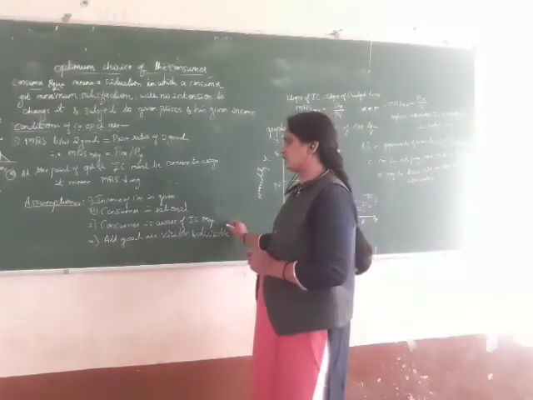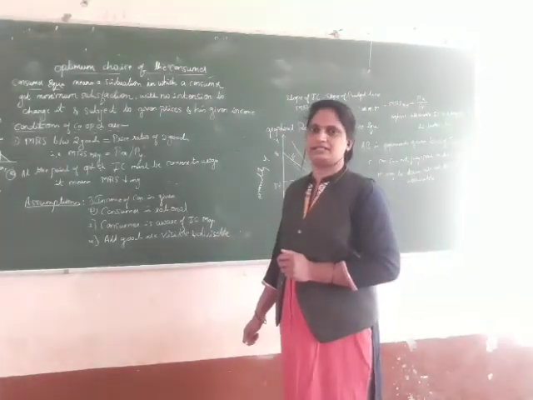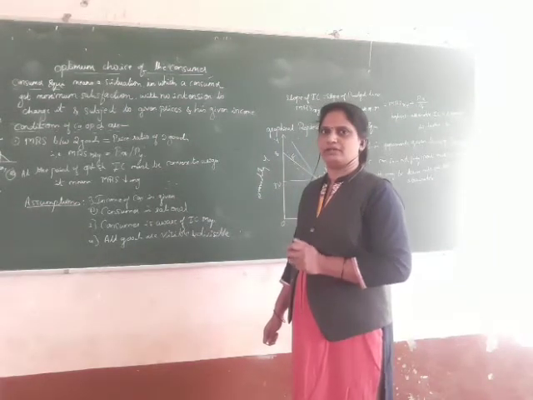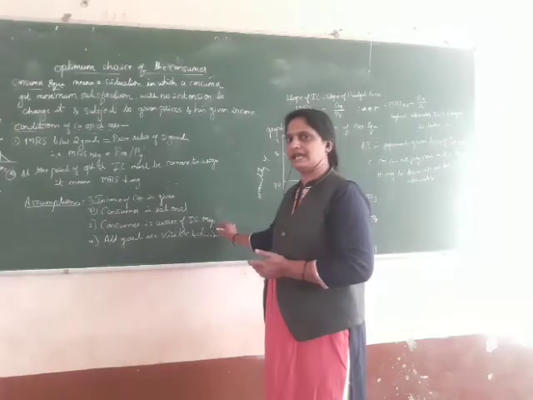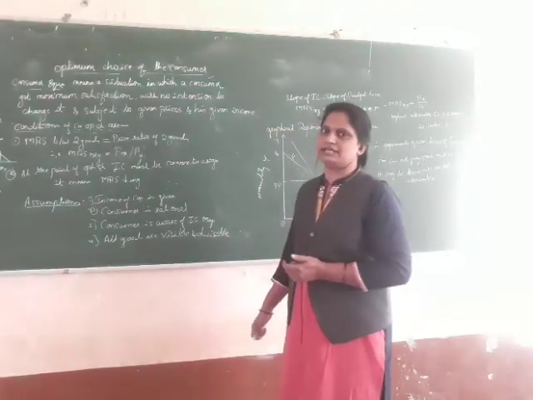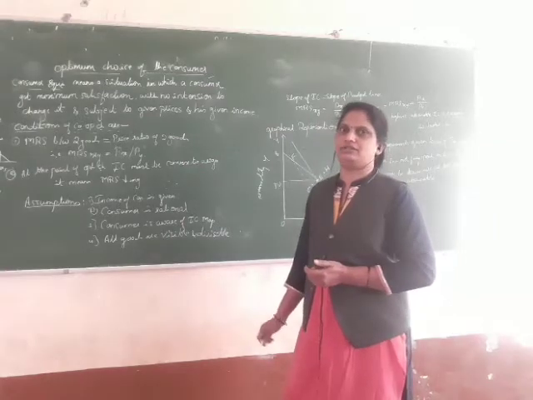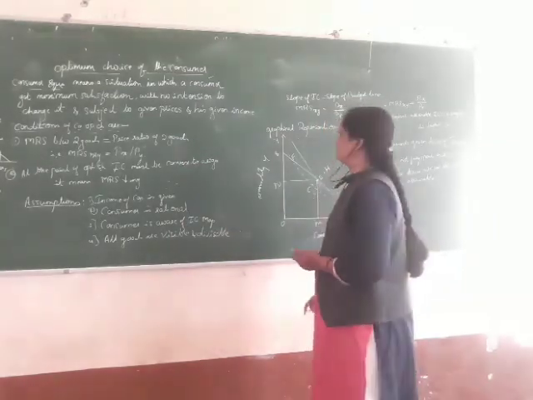The third is that the consumer is aware of the IC map, that is, he knows the IC map and its different features. The next is that all goods are divisible. So these are the assumptions of the optimal choice.